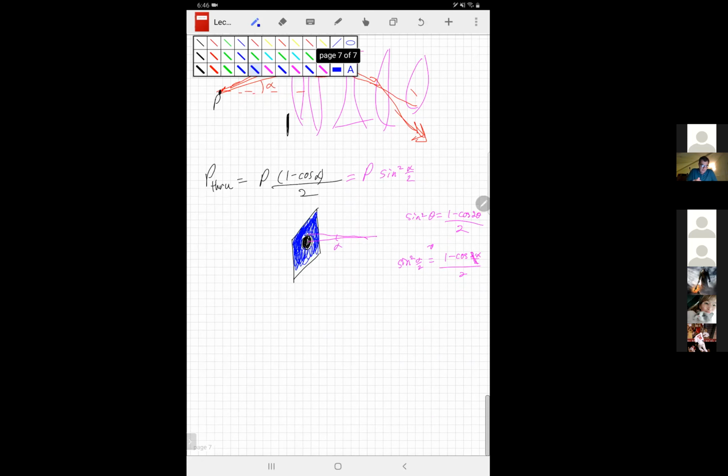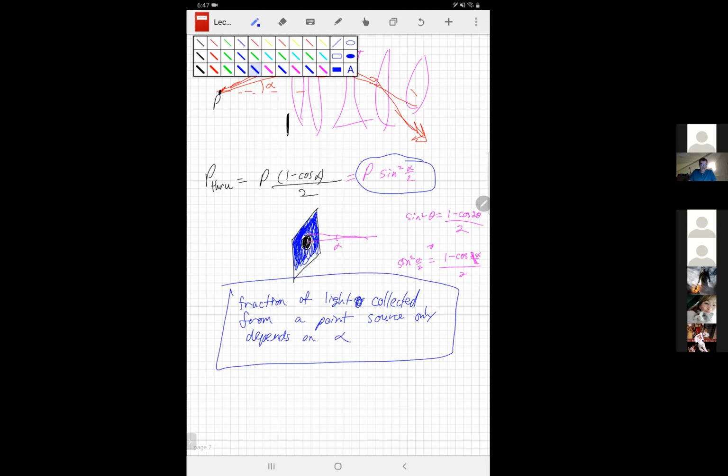And we wind up with a result that only depends on the acceptance angle. Okay? The fraction of light collected from a point source only depends on alpha.